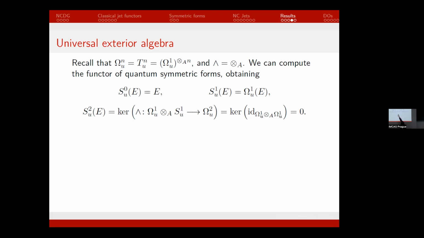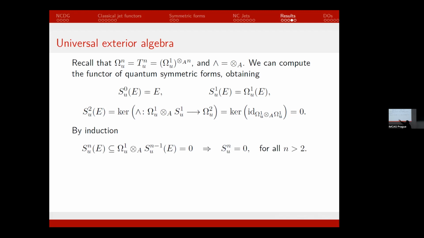But now we see that S1 of U is omega 1 of U, and omega 2 of U is by definition also omega 1 of U tensor omega 1 of U. And the wedge, which is the tensor over A, starts from a tensor over A, so it corresponds exactly to the identity, and the kernel of the identity is 0, which means that S2 of U is 0.